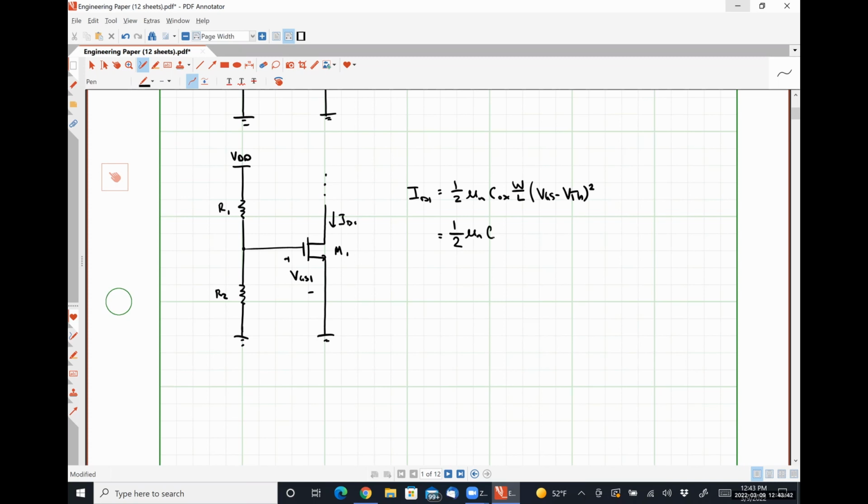So we'll have mu n Cox W over L times (VDD times R2 over R1 plus R2 minus VTH) squared.